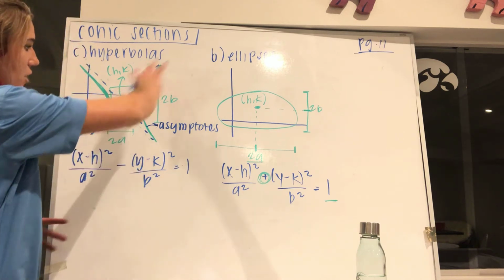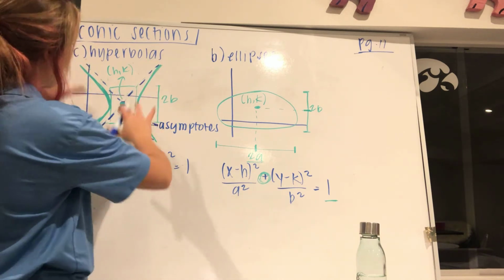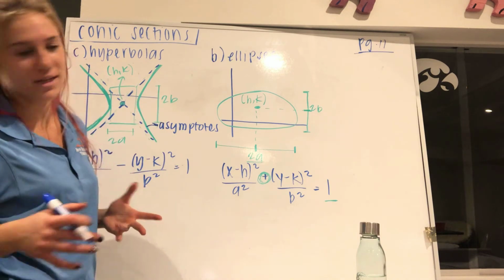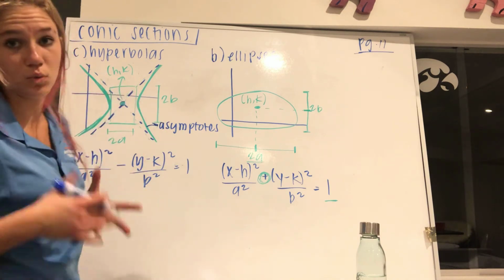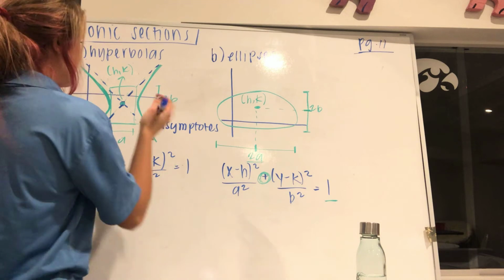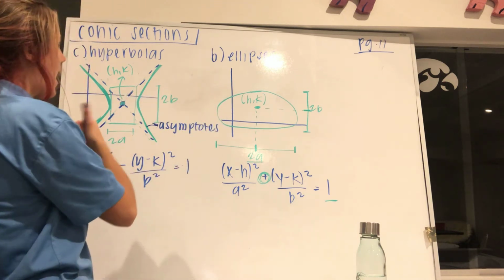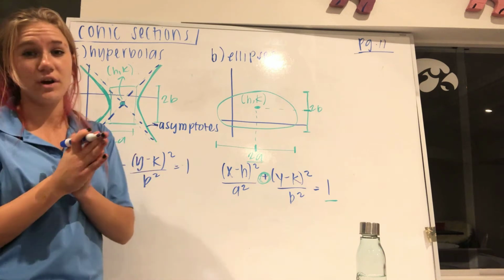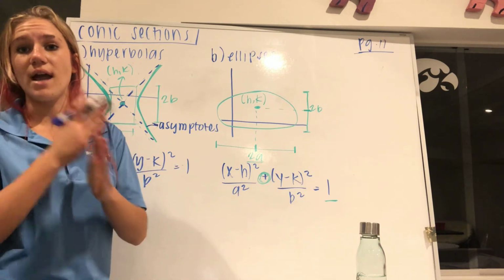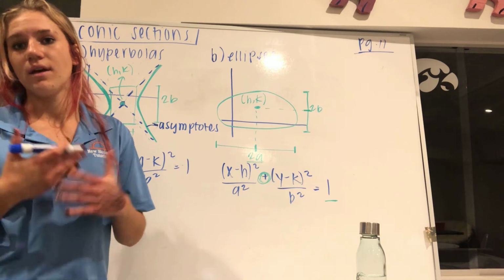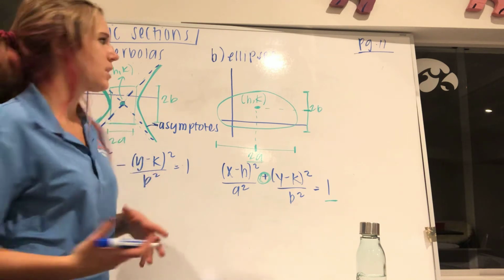So that's what's happening here. It might look like, because of my drawing, that they cross in certain places with the actual green lines, the actual graph here, but as the graph extends to infinity in both directions, they're going to get very, very close, but they're never actually going to intersect. That's just the basic rule of asymptotes.